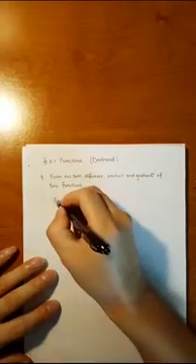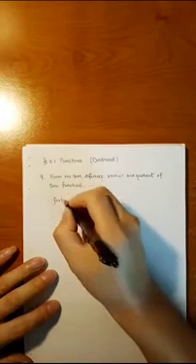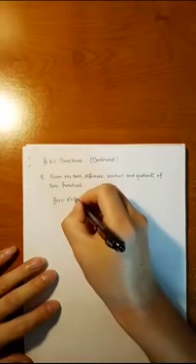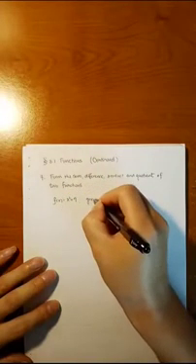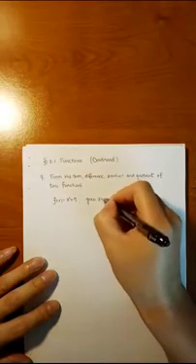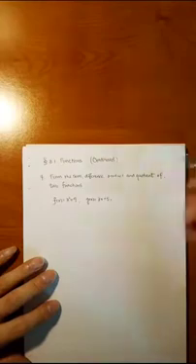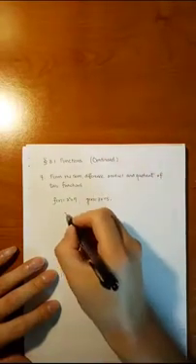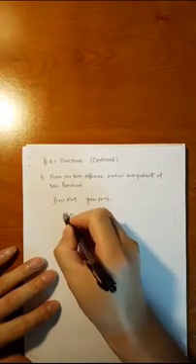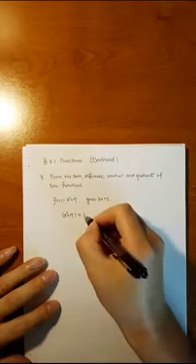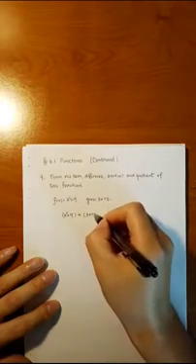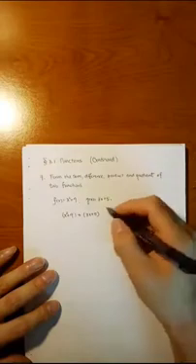Assume we have function f(x), which is x squared plus 9, and g(x) is 3x plus 5. Then we can see that x squared plus 9 plus 3x plus 5.